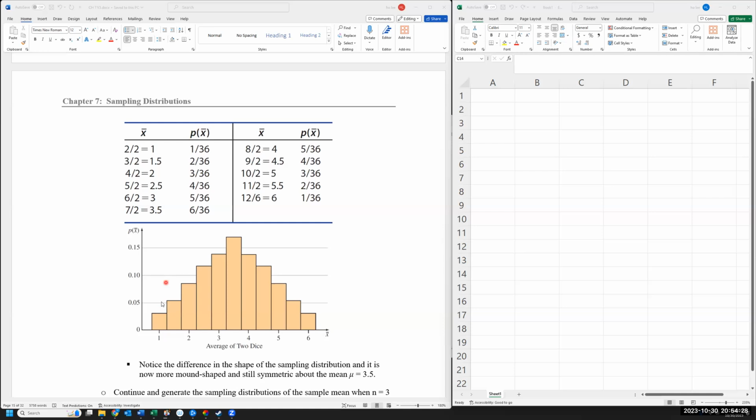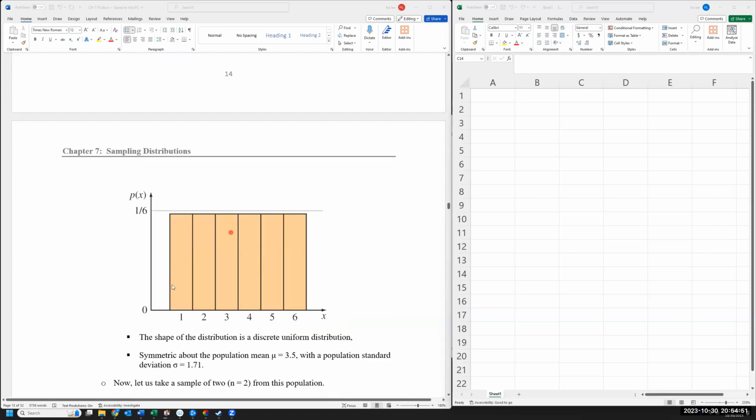For example, getting a 1, you have a 1 in 36 chance. That's this. Getting a 1.5, you have a 2 in 36 chance. Getting a 2, you have a 3 in 36 chance. And you could see when you plot the relative frequency distribution or the histogram, it looks different than here.